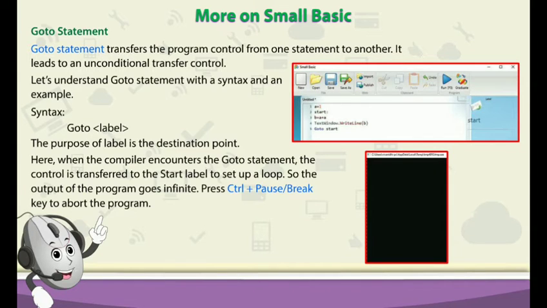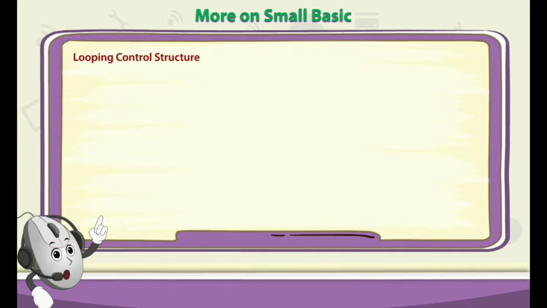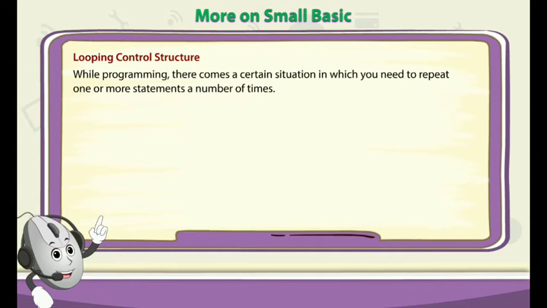When the compiler encounters the goto statement, the control is transferred to the start label to set up the loop. The output of the program goes on infinitely, which means it runs continuously. So we have to press Ctrl plus Pause or Break key to abort the program.